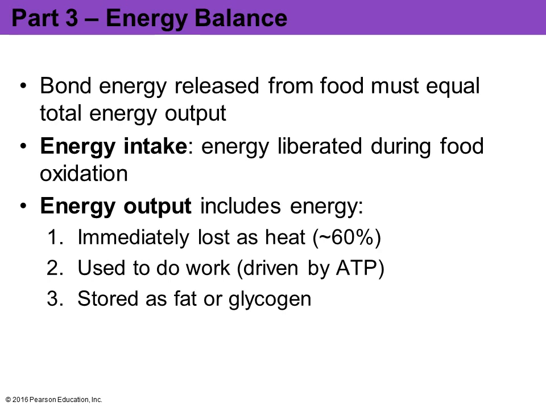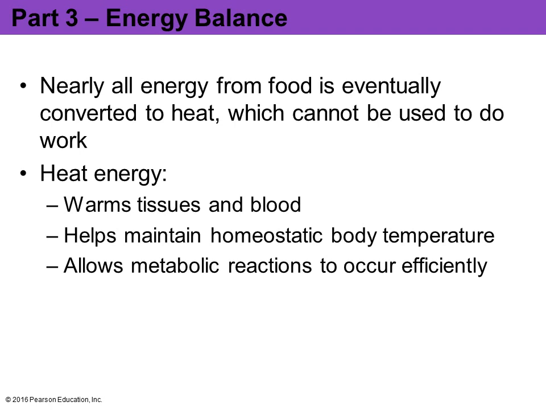So the remaining energy is going to be used to perform work by ATP, and then some of it's going to be stored. Eventually, when you take that energy out of storage and use it, a lot of it is going to be converted to heat. What's that heat energy used for? Well, that's what's keeping your internal body temperature warm. It's helping to maintain that homeostatic balance.